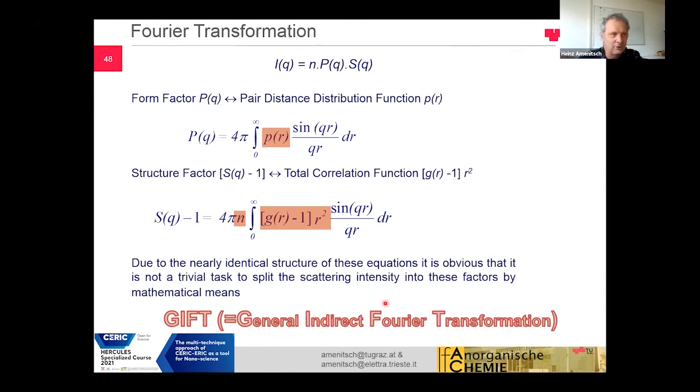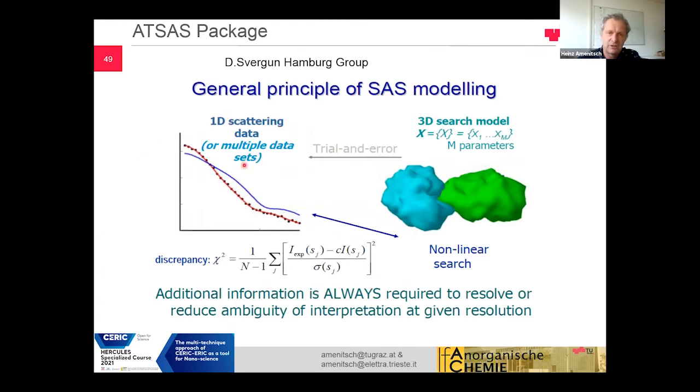Okay, let's go now a little bit to structural biology and look at the ATSAS package, which introduces a general principle of SAXS modeling. What is quite impressive is that from one-dimensional scattering data, where you have the total rotational average, that means you take your particle and rotate it in all directions, you lose a lot of the directional information from the particles.